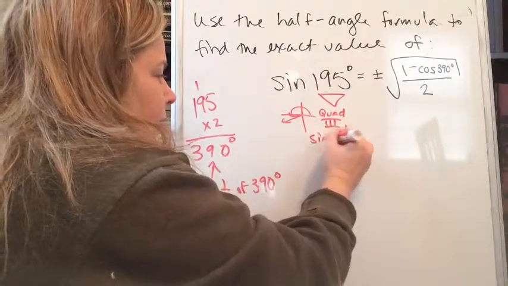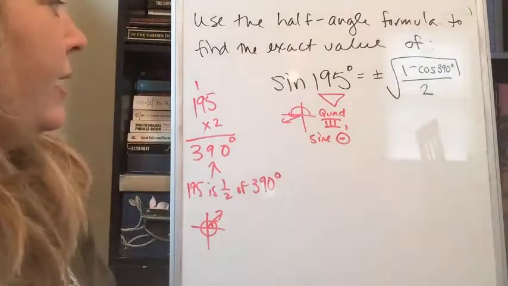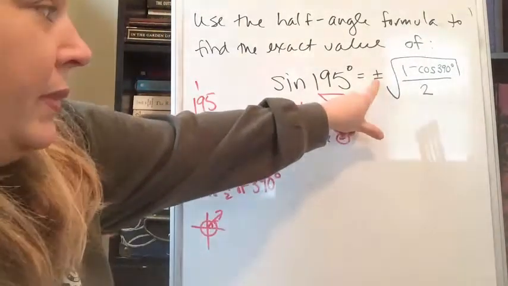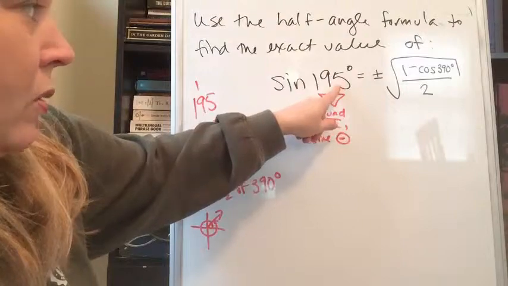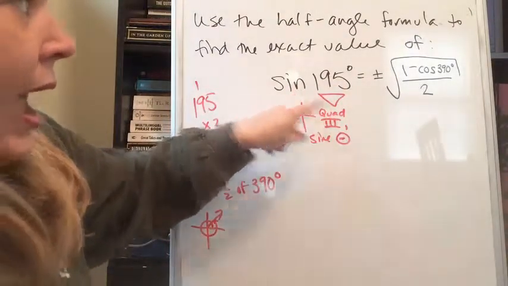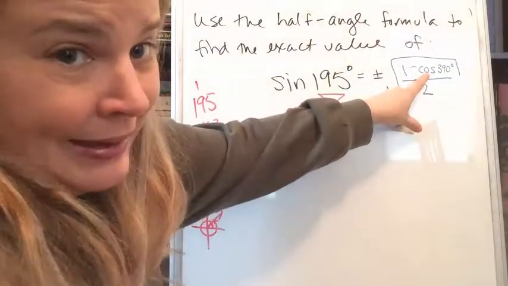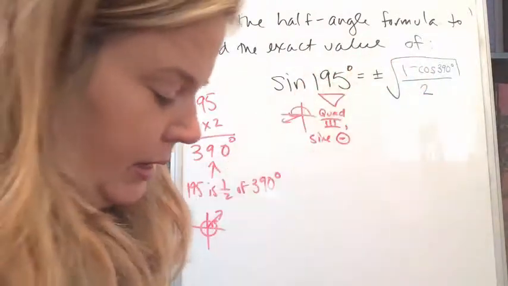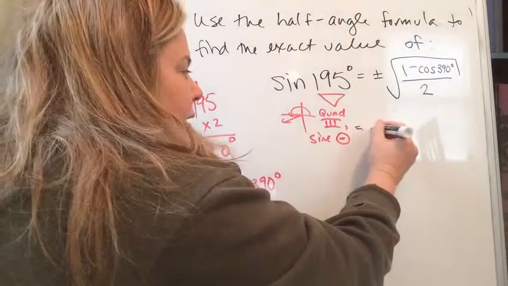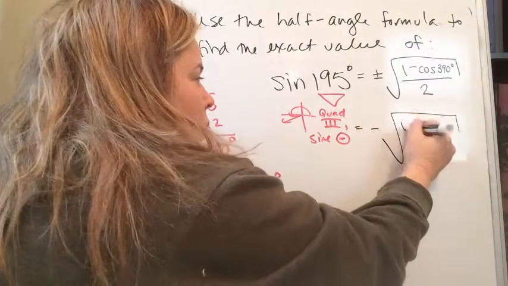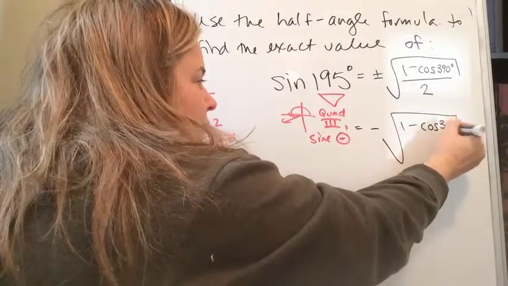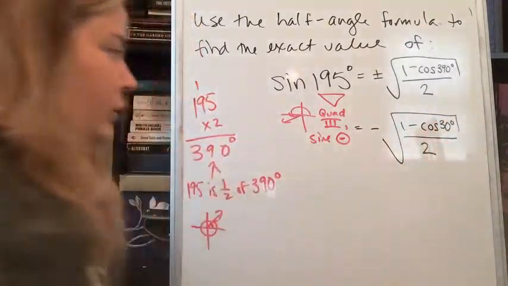So sine is negative. Okay, so we know that this sign is going to be negative because 195 is in the third quadrant and sine is negative. And also, instead of writing cosine of 390, that's the same as cosine of 30. So let's rewrite this as negative square root of 1 minus cosine of 30 divided by 2.